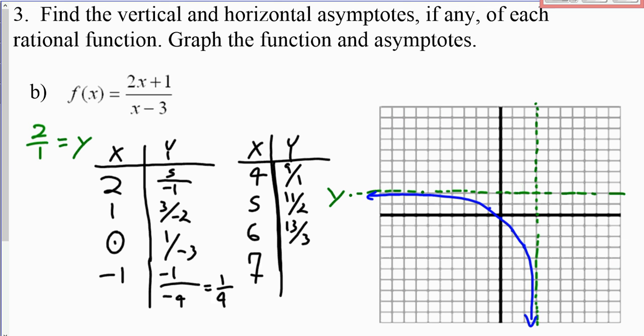At 7, I get 15 over 4. So as I graph these, at 4, I'm at 9. Okay. At 5, I'm at 11 over 2, which is 5.5.